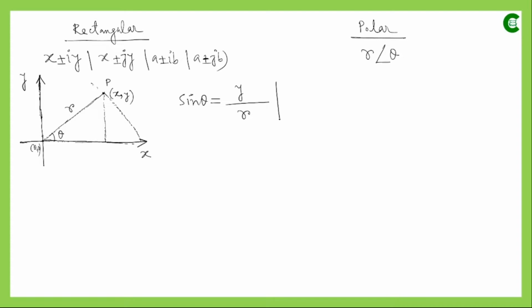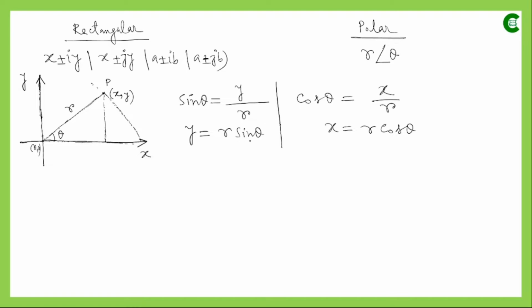And similarly cos theta can be expressed as, we know that cos theta is base divided by hypotenuse, so it is x divided by r. So from here we can write that y will be equal to r sine theta and x will be equal to r cos theta, where x and y are the movement linearly, we can say the value of the abscissa and ordinate of that concerned point.